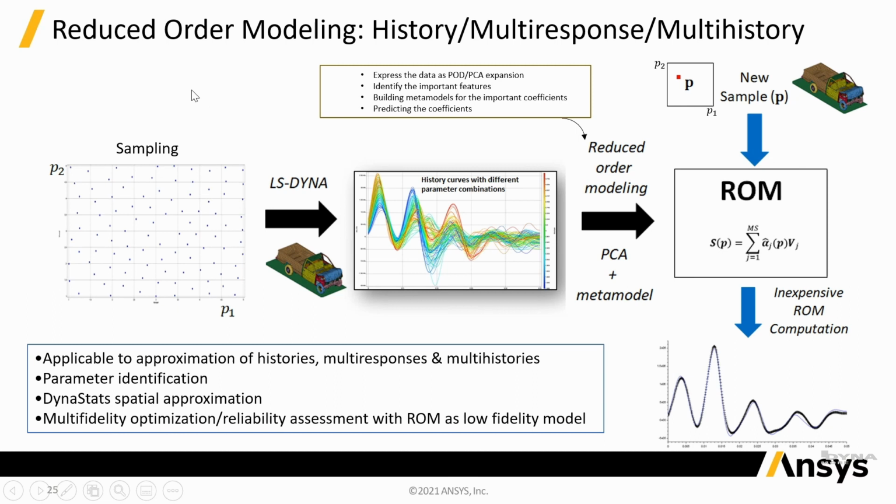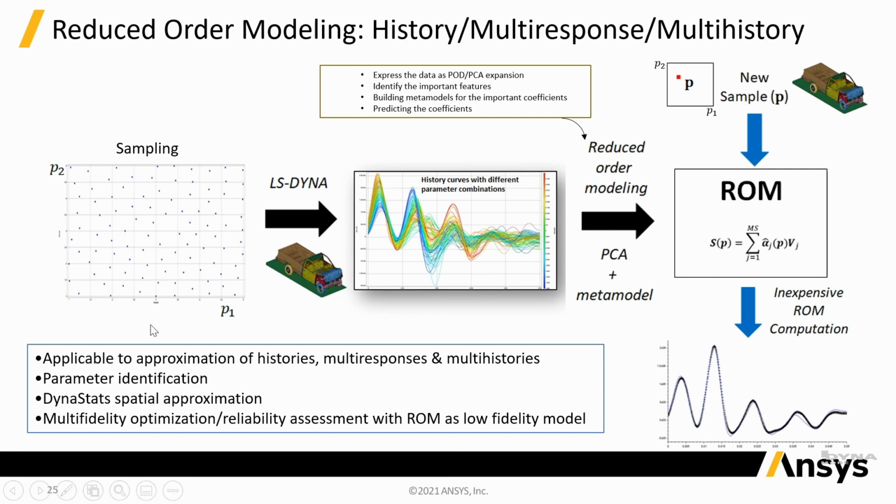Similar to metamodeling, here we try to capture the behavior of a finite element model. But instead of trying to predict scalar values, which is what metamodels usually do in LS-OPT, here we try to predict the entire system behavior, meaning we try to predict histories, multi-point responses, or multi-point histories.